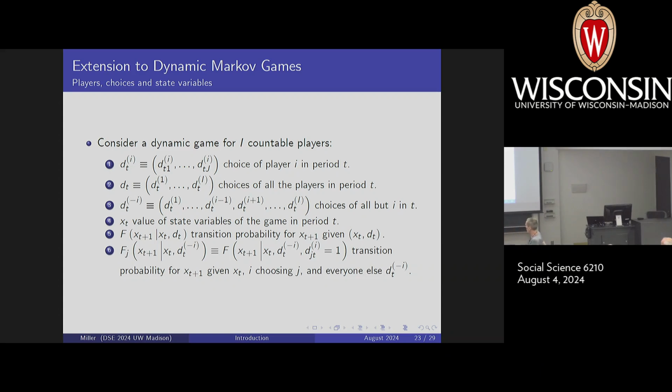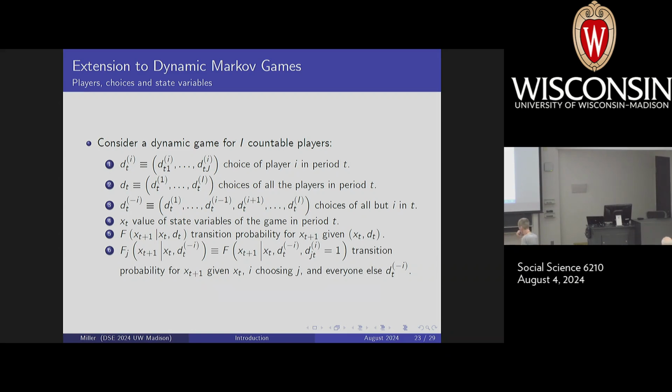You've got a dynamic game. You've got I players making a bunch of different choices, with state variables for the game, moving from one period to the next, which depend not just on what I do now, but what everyone else does as well.